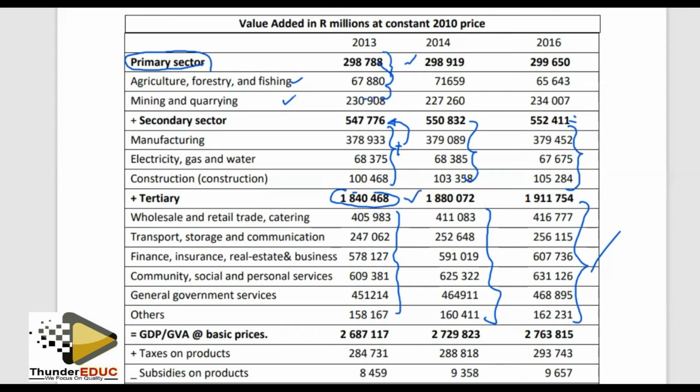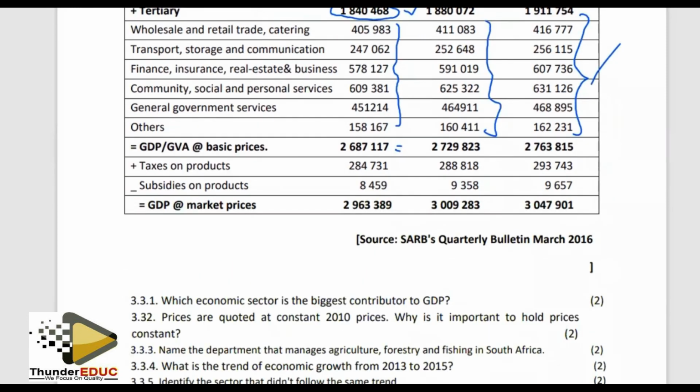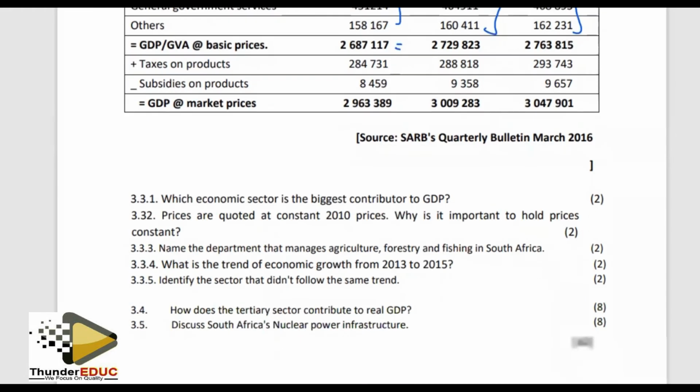If you wanted to convert it to the market price, we add taxes and minus subsidies.